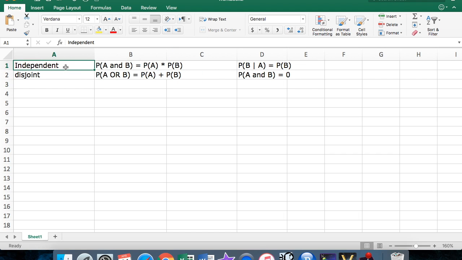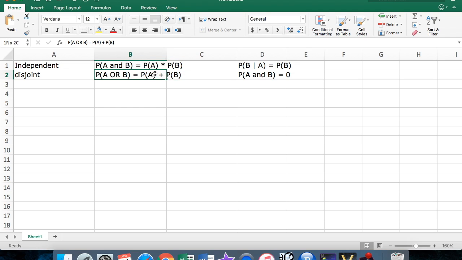Okay, so that's what it means to be independent and disjoint. So remember that. That will be fairly important. I imagine there will be at least one problem that deals with this. So if it says, find this probability, and it's like a union problem, find the probability of A or B, and it says they're independent.